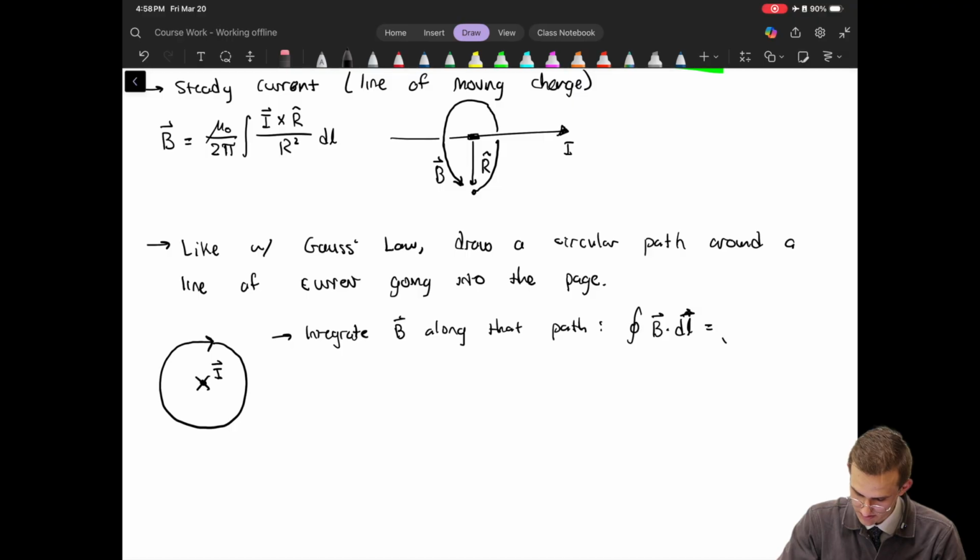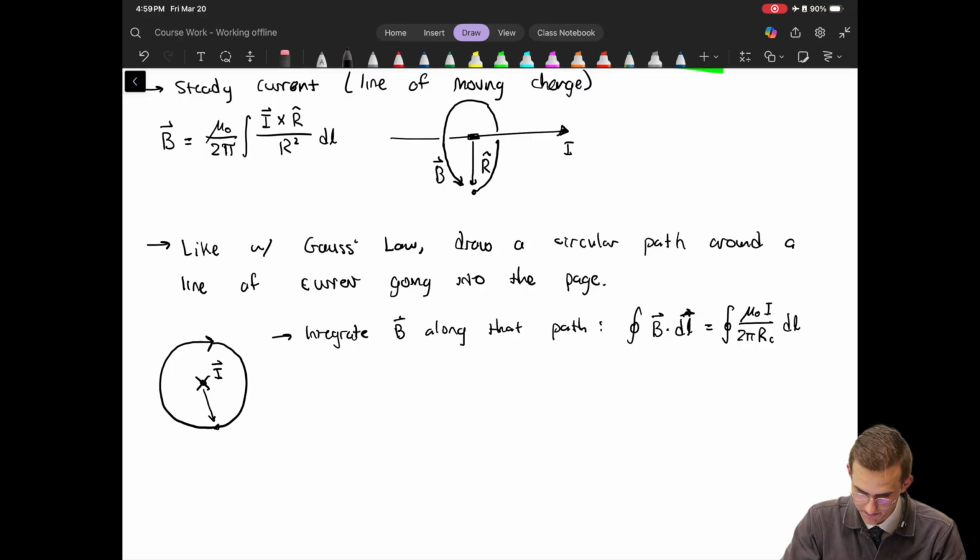the closed loop integral. Let's put in the expression for B that we get from Biot-Savart. At any point on this loop, the R is pointing directly outwards, perpendicular. And so the cross product will work out where you just get mu naught I in the numerator over 2 pi times the radius of the loop, R_C, times dl. And those are all constants.